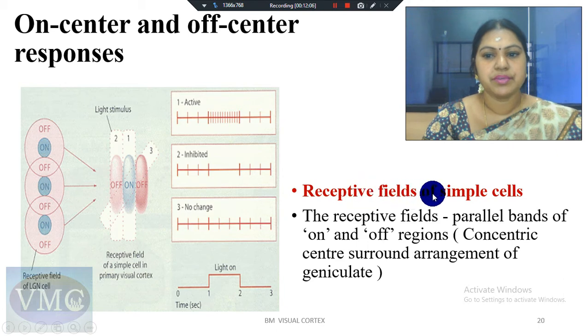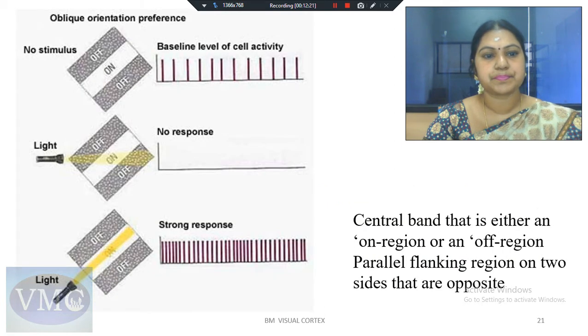So the receptive fields of simple cells have parallel bands of on and off regions. Concentric center surround arrangement is there in the geniculate bodies as well as in the bipolar cells and ganglion cells. Again you can see in this picture there is no stimulus here, there is a baseline activity.